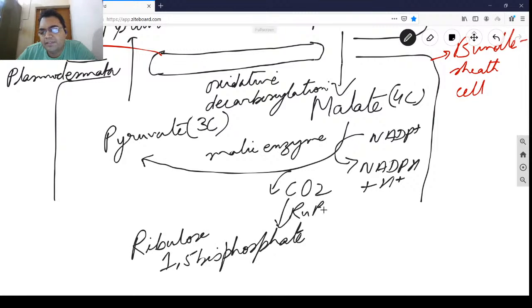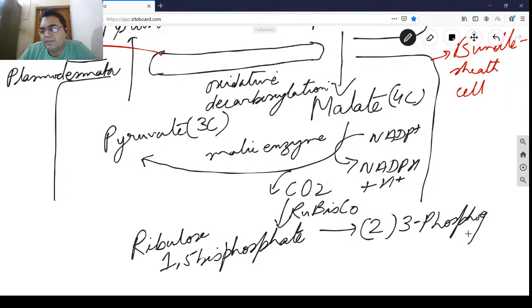Here you have Rubisco. Now you can synthesize 2 into 3-phosphoglycerate, right? Now just ponder and tell me, does this Rubisco have any chance of getting O2?